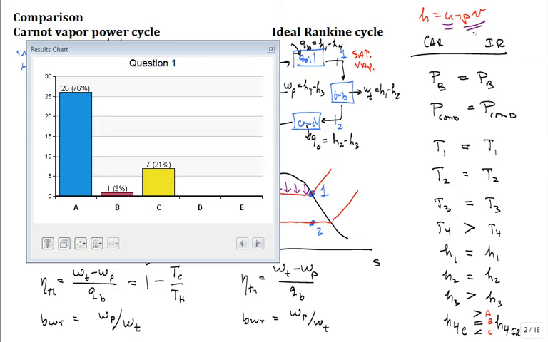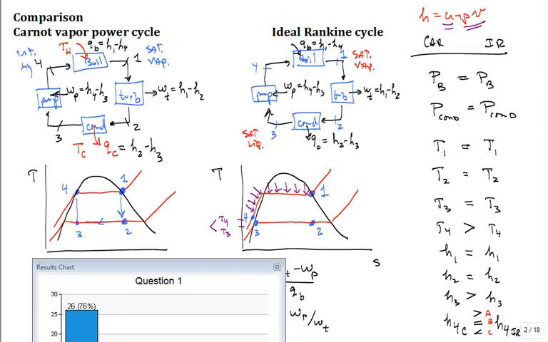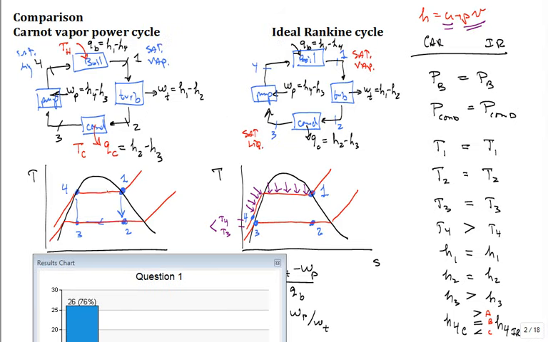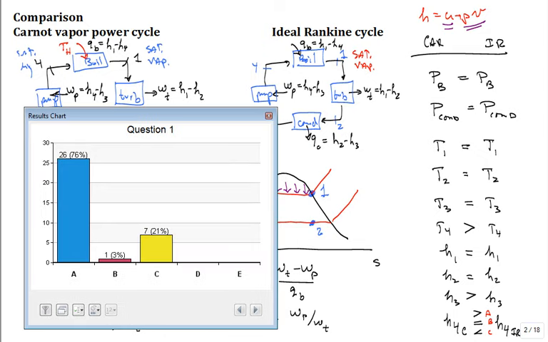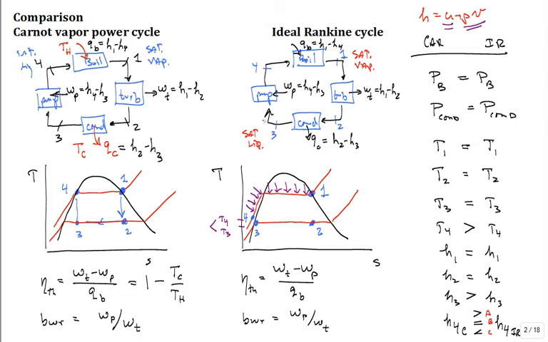So when you look at the energy content of the Carnot at state 4, it's higher temperature. I know that they have the same pressure, but it's really the higher temperature that makes H4 Carnot greater. So if H4 Carnot is greater, what was the right answer? A. Good.